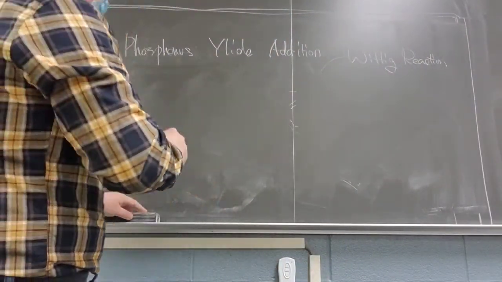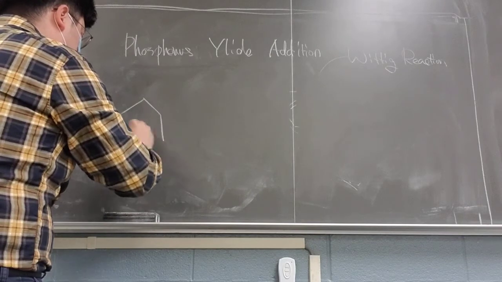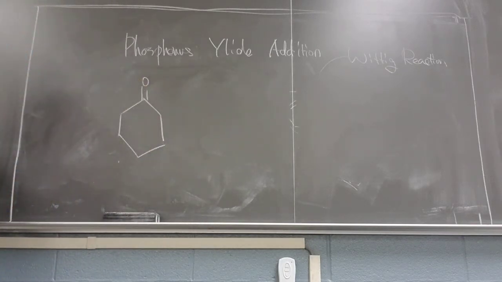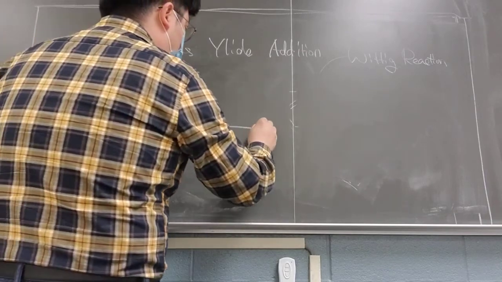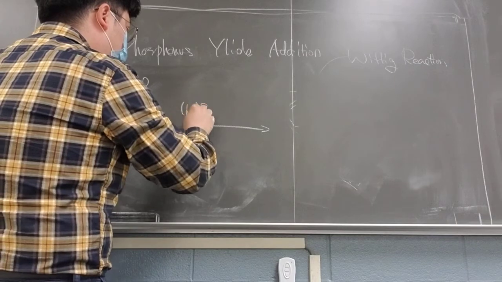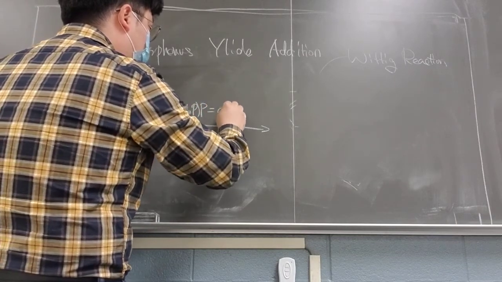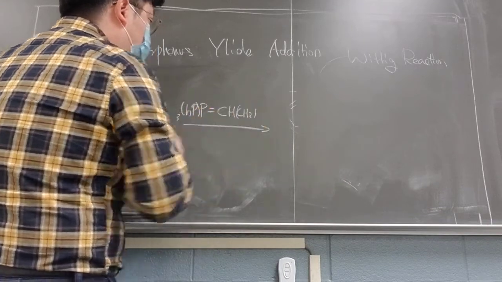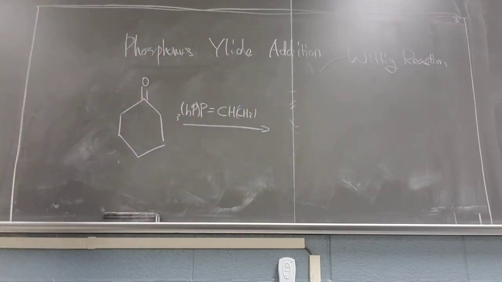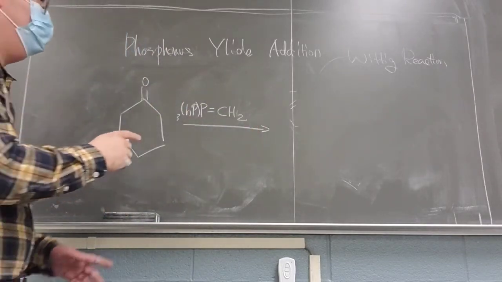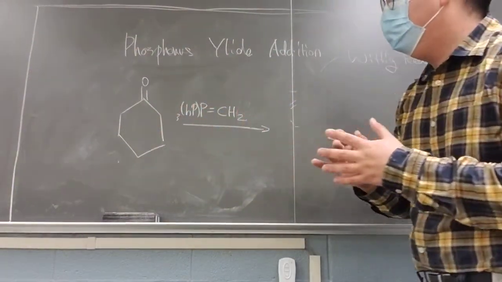Okay, if you try to do this, this is one ketone, cyclohexanone here, right? You can treat it with the ylide. And then this is some trick you can do.